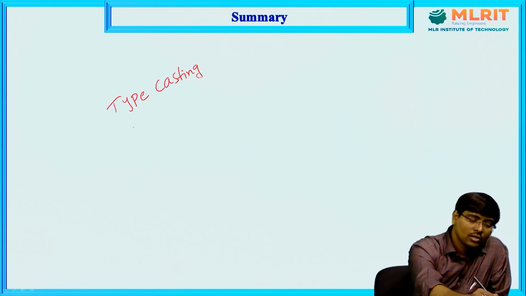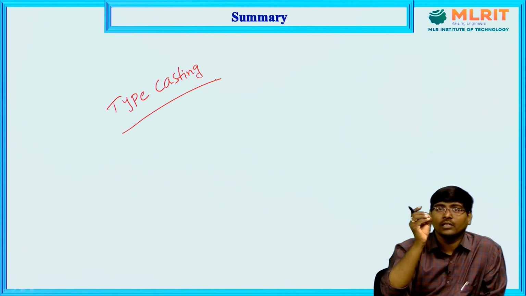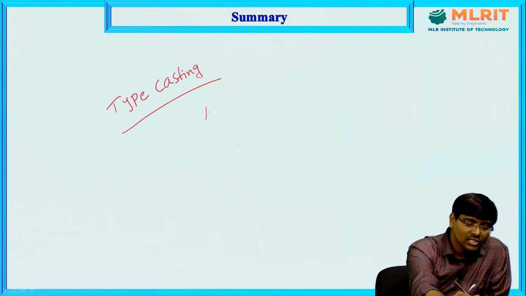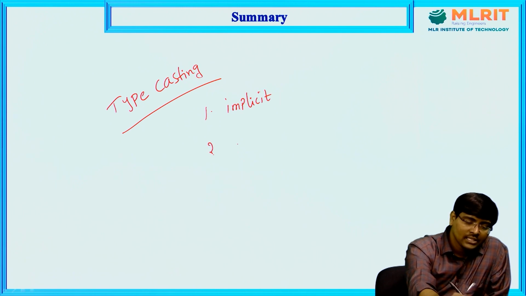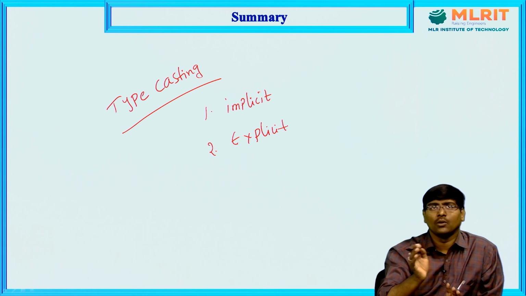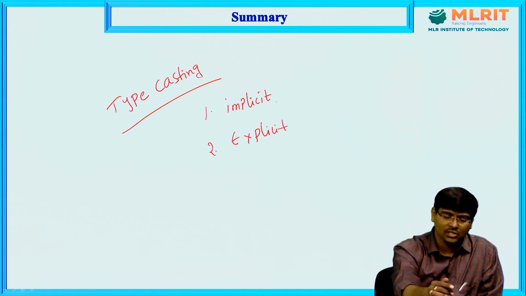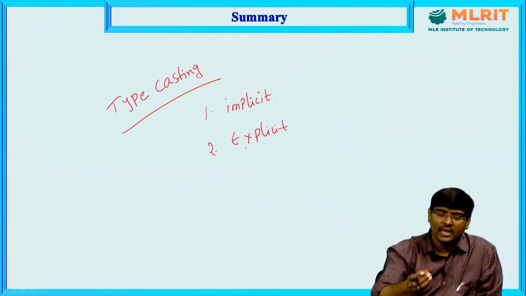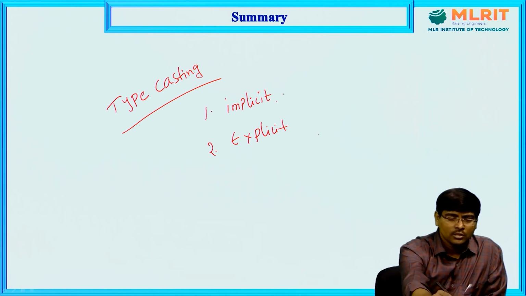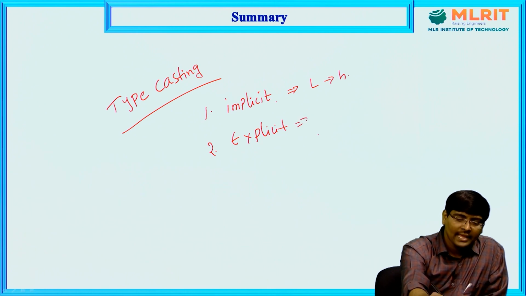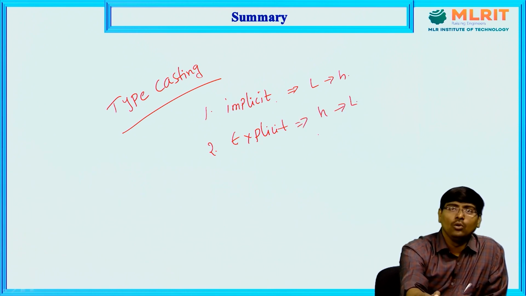Finally, what we discussed, the main topic, is typecasting. Typecasting means conversion from one data type into another data type. Generally, there are two types: one is implicit, the second is explicit. You can use any names: implicit or widening conversion or upcasting, explicit or downcasting or narrowing conversion. Implicit means lower to higher, explicit means higher to lower.